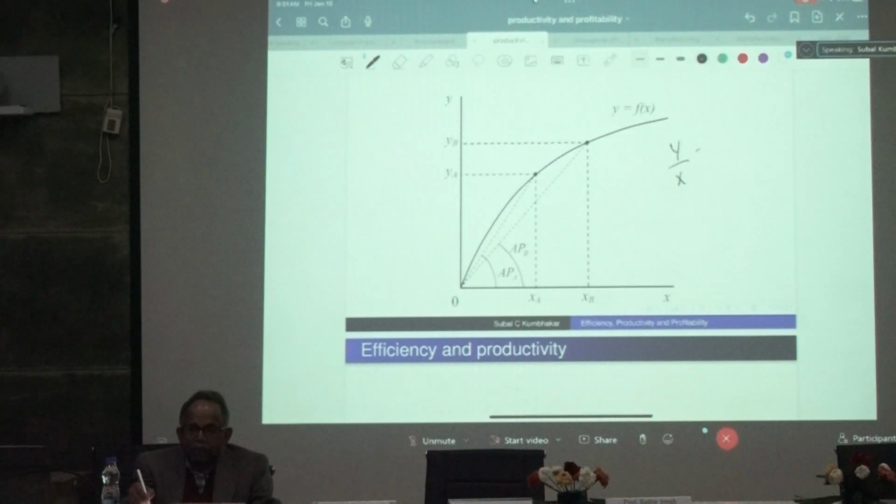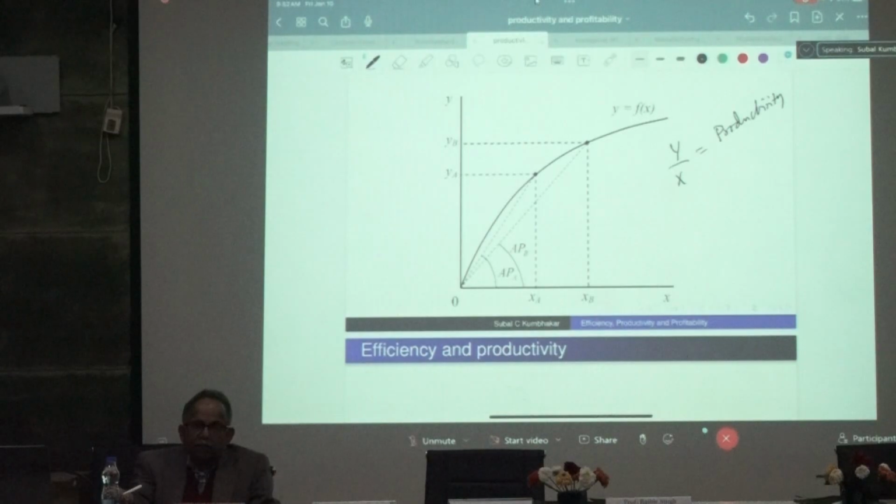This is widely used in government statistics. For example, even in the U.S., whenever we talk about productivity, pretty much everybody relates it to labor productivity, that means Y over L, where L is labor. But you know that output is produced with not only labor, but some other inputs also.